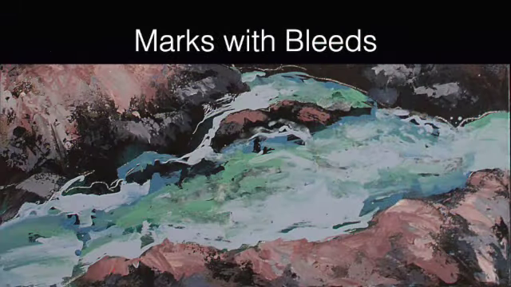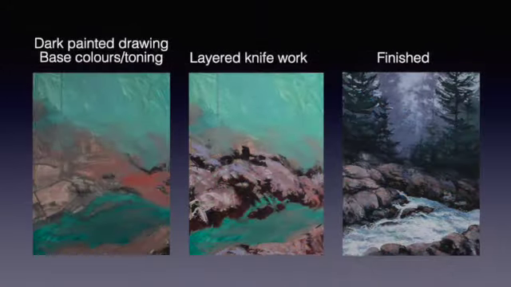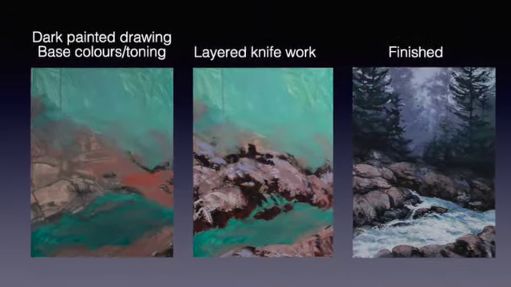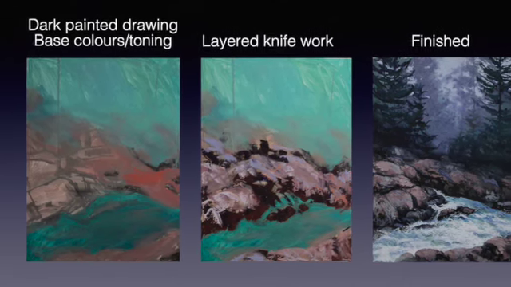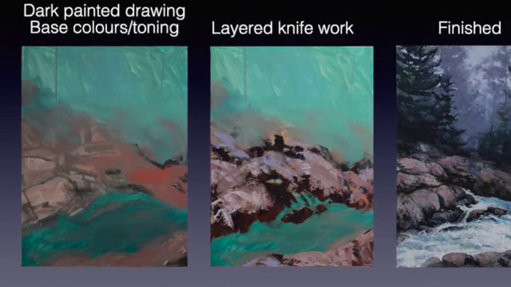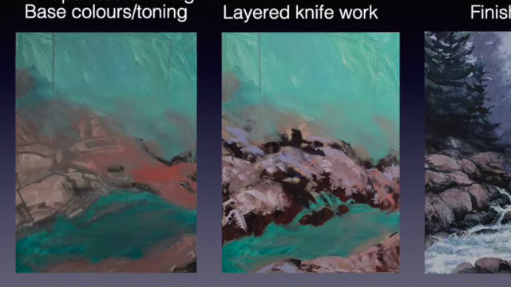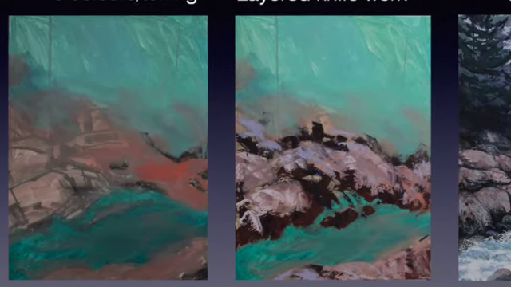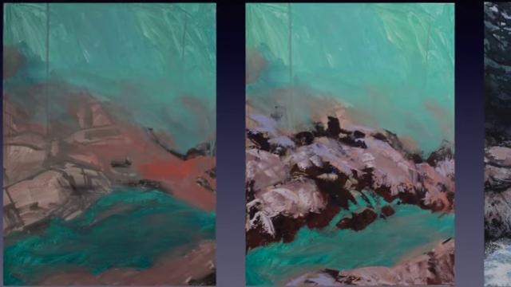Here we have an extreme close-up of the same subject matter, where the painting was done with acrylics on canvas. This is a full view and the different steps used to create that. With the dark paint, I quickly sketched in the major areas of the painting, and then with the thinned paint, blocked in the colors on top of that drawing.